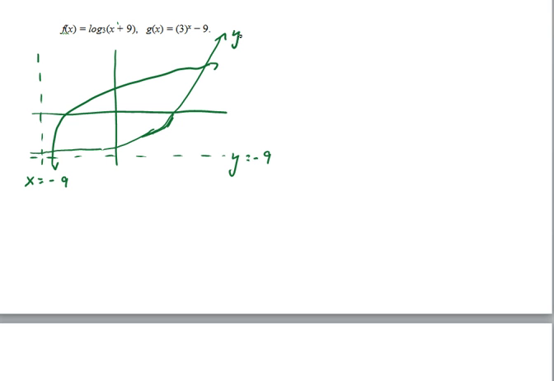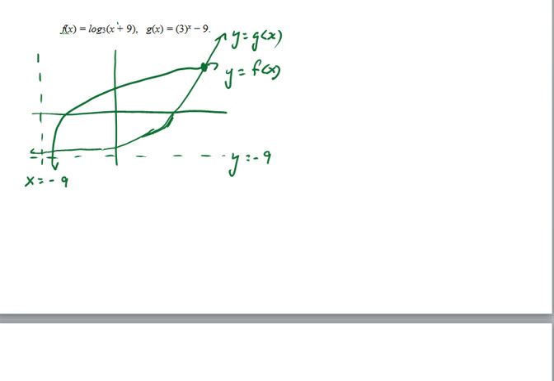And this will be y equals g of x, whereas the original one was y equals f of x. Notice there are intersection points in the first and third quadrant, but we want the one where the x value is larger, so we'll be looking for this one here in the first quadrant.